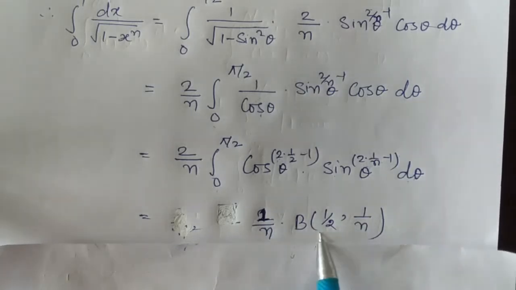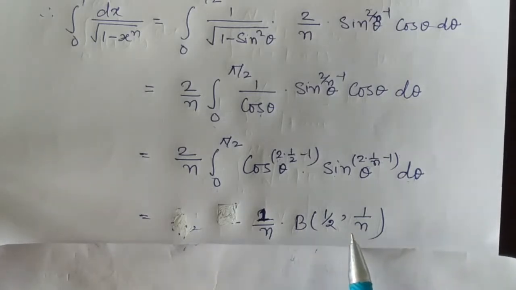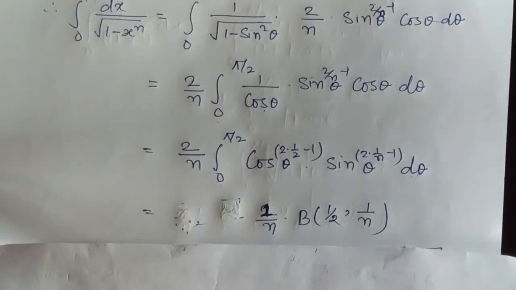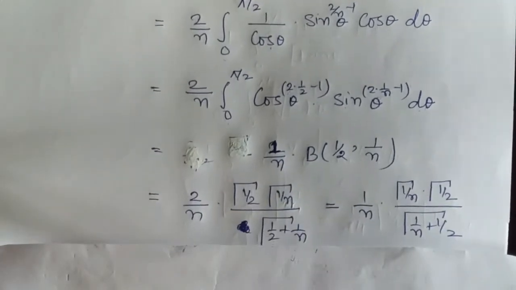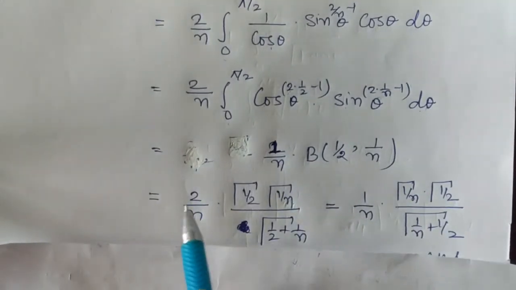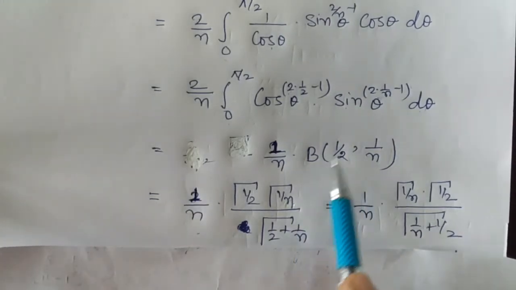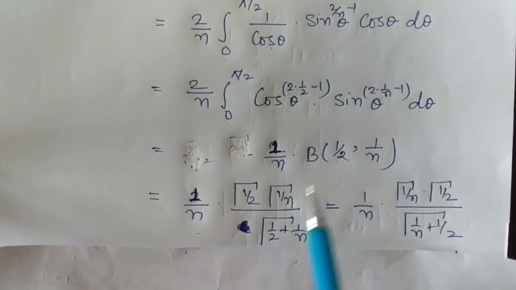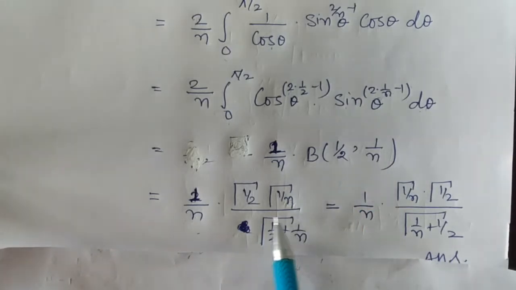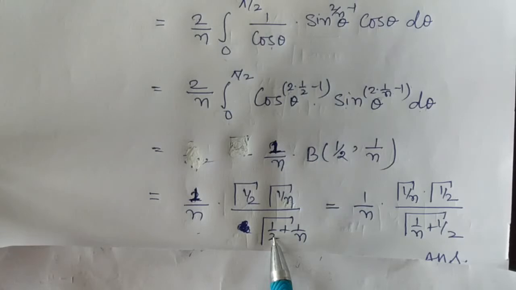Now beta mn is gamma m into gamma n upon gamma m plus n, using the relation between beta and gamma function. So we write here 1 by n into gamma half into gamma 1 by n upon gamma 1 by 2 plus 1 by n.